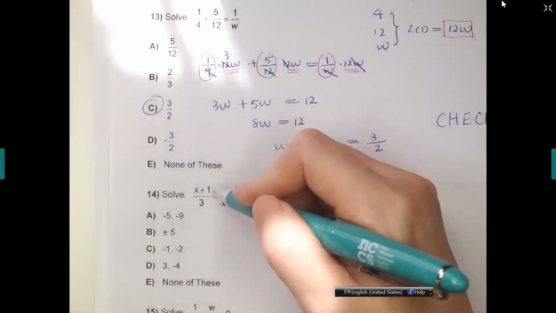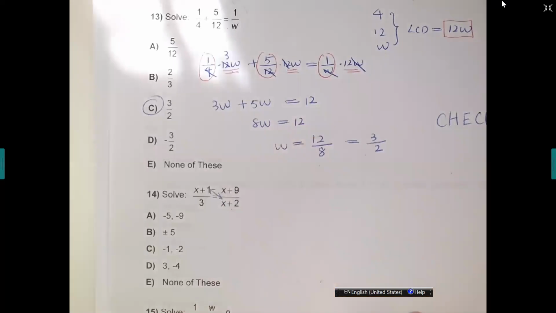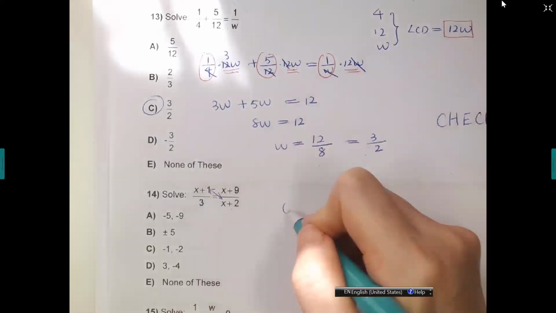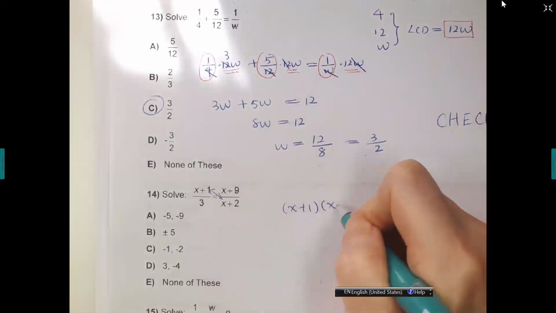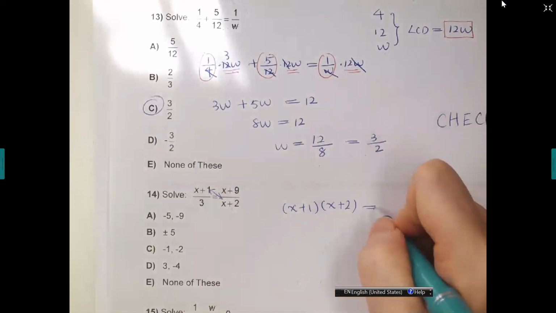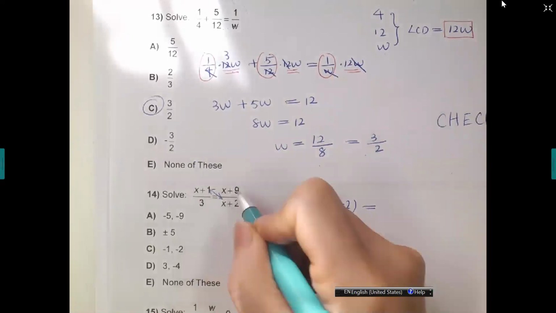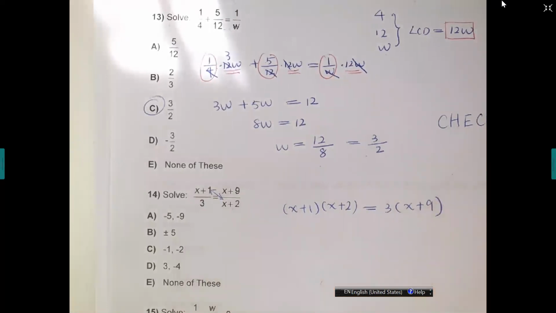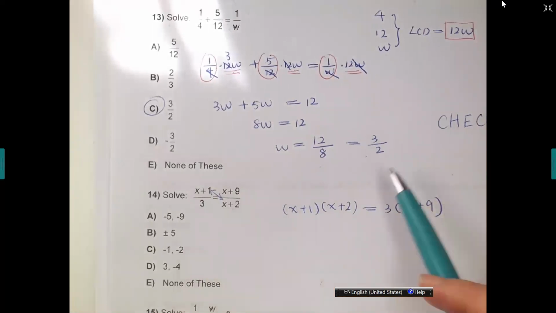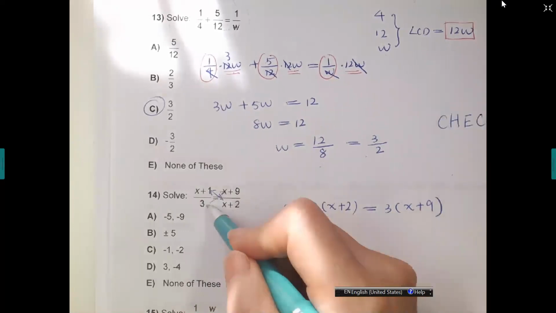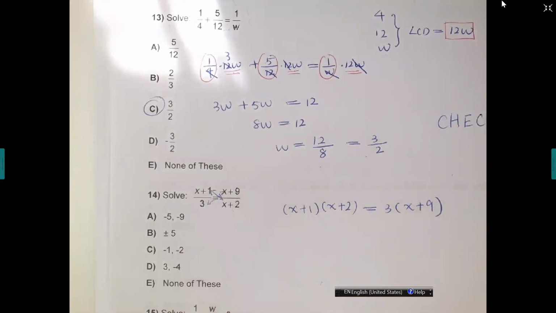We just make the cross products the same. Cross multiply x plus 1 times x plus 2, the diagonal multiplication, equal to the other cross product, 3 times x plus 9. By doing this, we can avoid looking for the LCD and simplify the process.